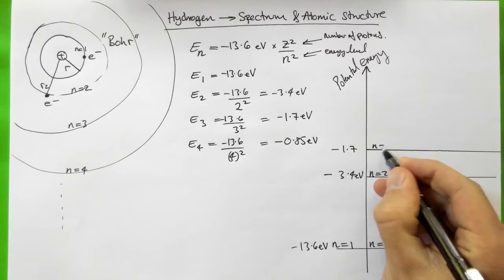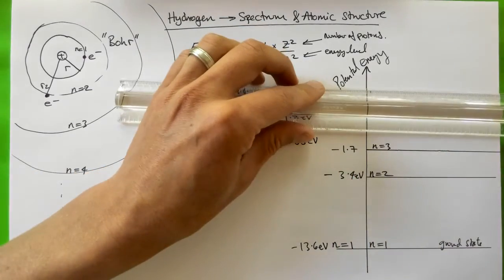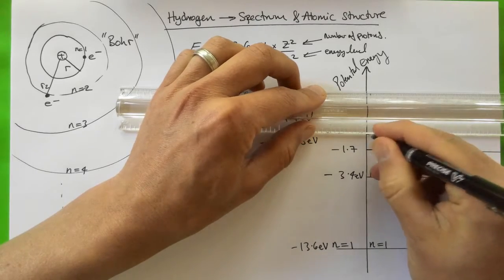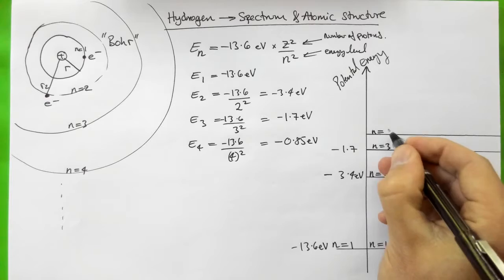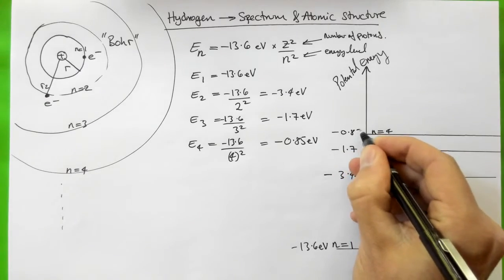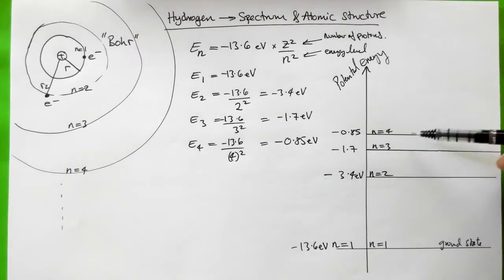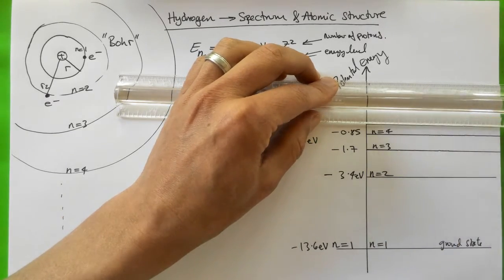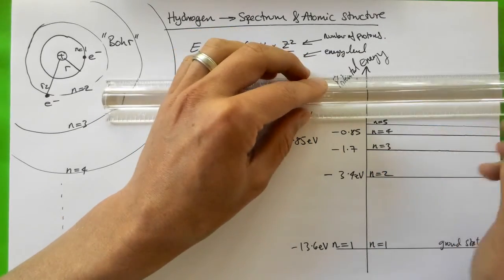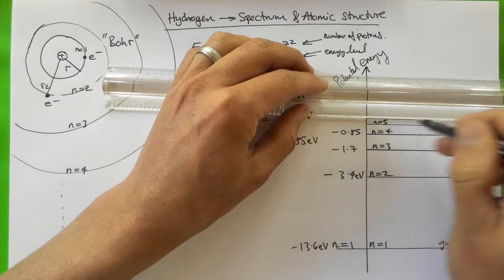This same pattern continues. The next level is much closer again, at minus 0.85. The next level will be somewhere here, so I'll draw in n equals 5, and n equals 6 will be even closer.